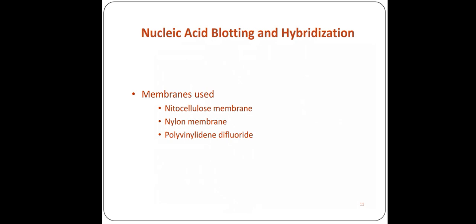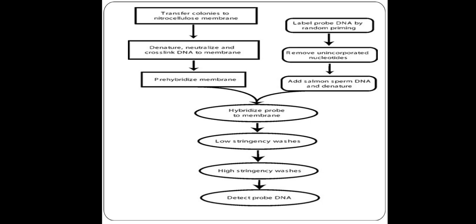Nucleic acid blotting and hybridization. The membranes used are nitrocellulose membrane, nylon membrane, and polyvinylidene difluoride. You can see here the transfer of the clone to the nitrocellulose membrane, denature, neutralize, and cross-link DNA to the membrane, then pre-hybridize the membrane.